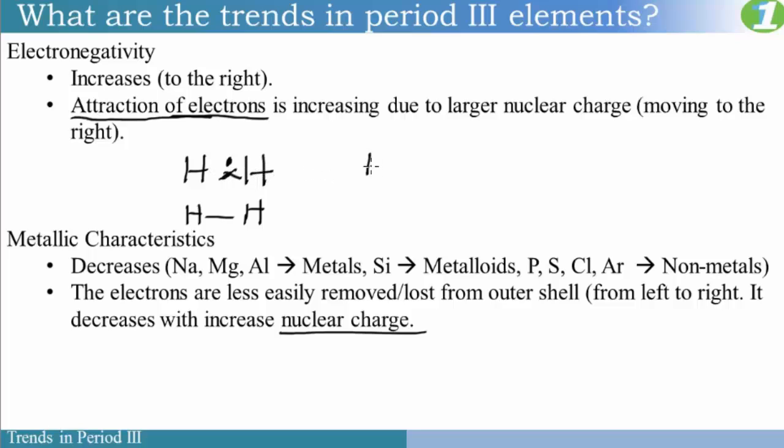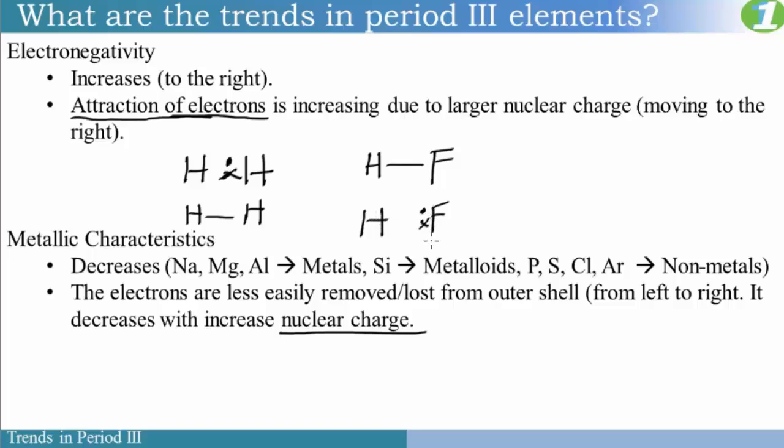In the case of HF, where you have the bond like that, the electrons should be closer to the fluorine atom because the F or the fluorine atom is more electronegative than the hydrogen atom.